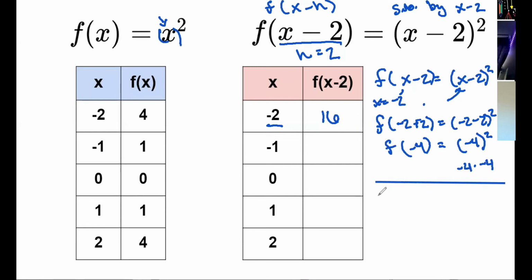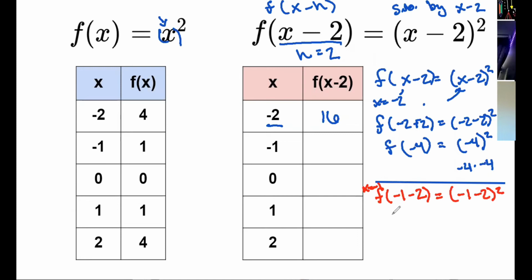All right, so next one, I'm going to go ahead and write my f of x. And this time my x equals -1. So it's -1 minus 2 equals -1 minus 2 squared.